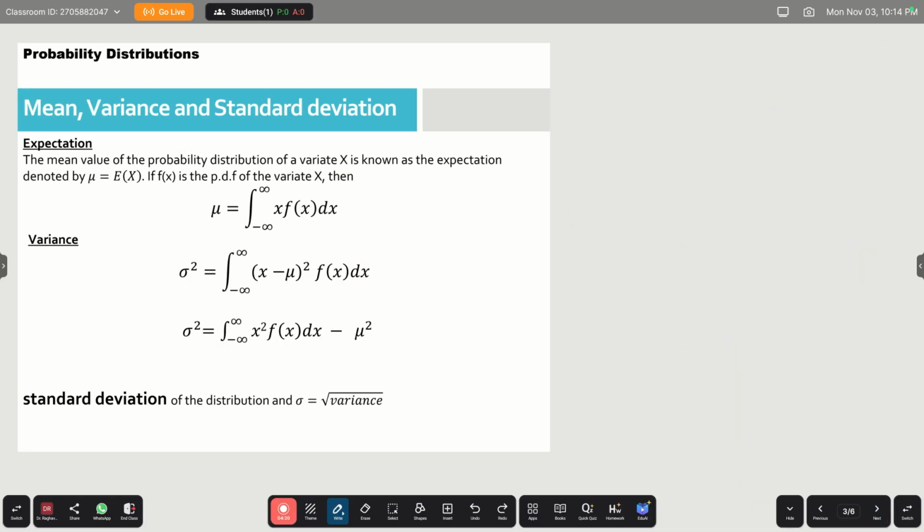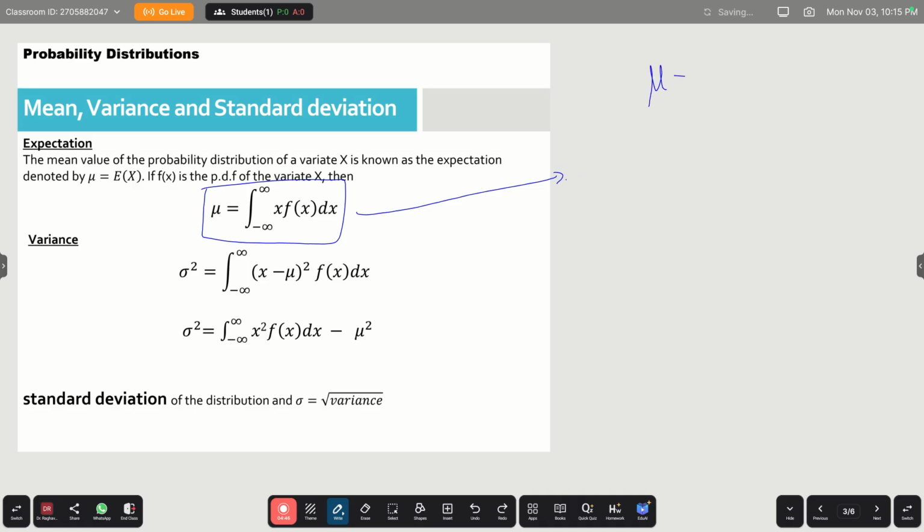Once you have understood the concept of continuous random variable and continuous probability distribution, let us discuss the mean, variance and standard deviation. In case of the continuous probability distribution, to find the mean, we integrate x into f of x. You can relate this with the discrete case also.